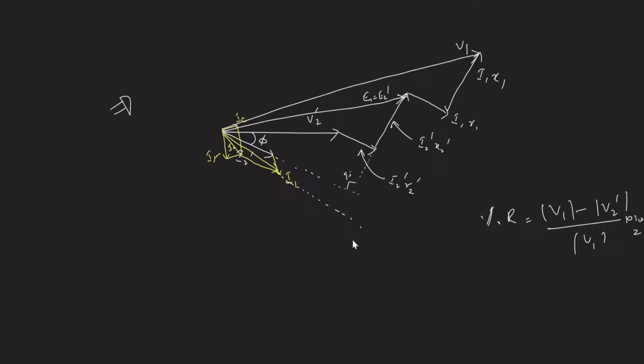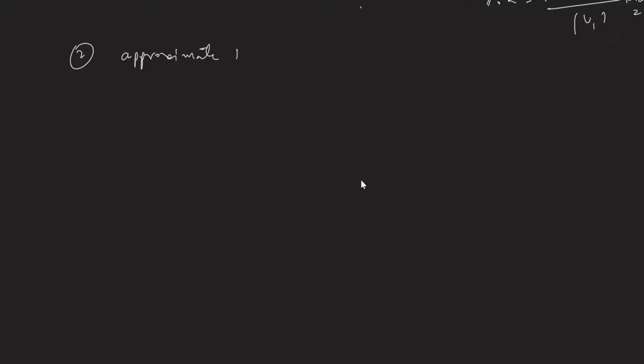But there are some approximations. This is the first procedure and exact procedure. Now the second is what we do, we approximate the circuit diagram for calculating the regulation.